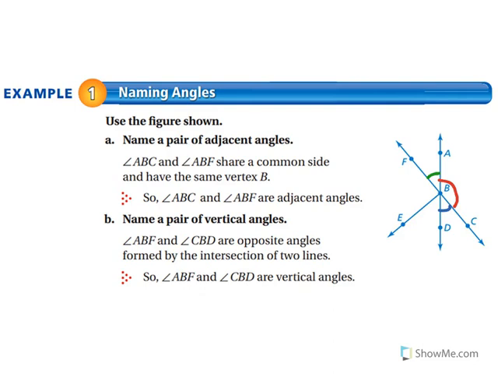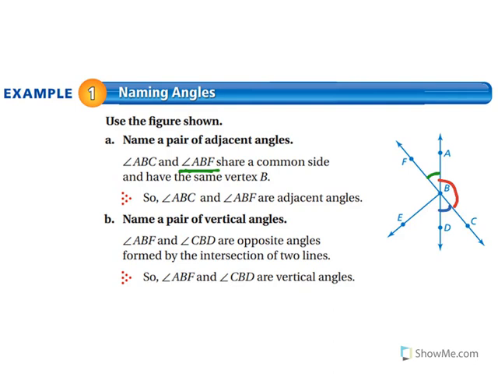And the ABF one right here, the green one, that is the one that's right over here. So angle ABC and angle ABF share a common side and have the same vertex B. Therefore, they are adjacent.